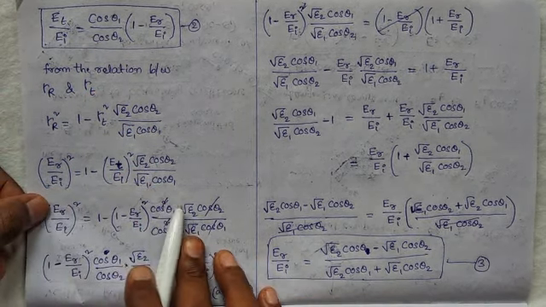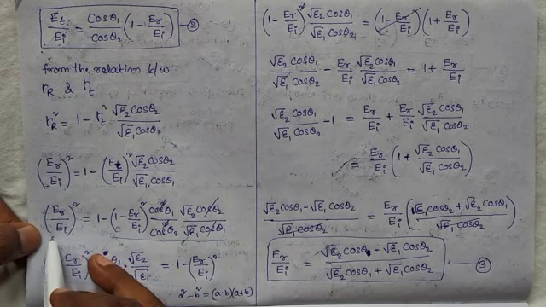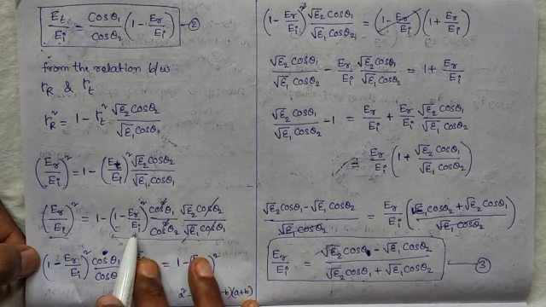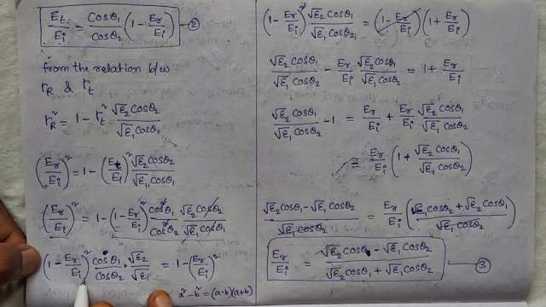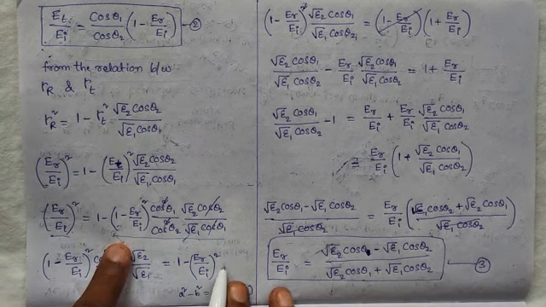Here we are taking this term to the left side and this term to the right side. Here 1 minus ER by EI whole square, cos theta 1 by cos theta 2, root epsilon 2 by epsilon 1, is equal to 1 minus ER by EI whole square.